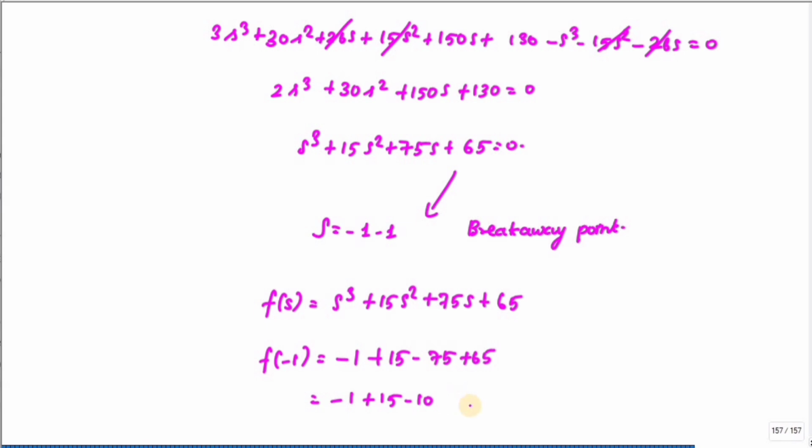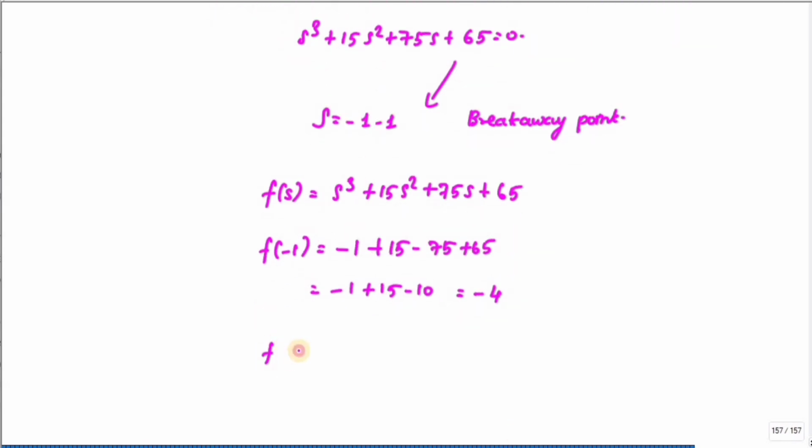So the answer is minus 4. And if I differentiate this f of s term, I will get 3s square plus 30s plus 75. Now if I substitute s is equal to minus 1 in f dash of s, I will get 3 minus 30 plus 75, that is equal to 48.